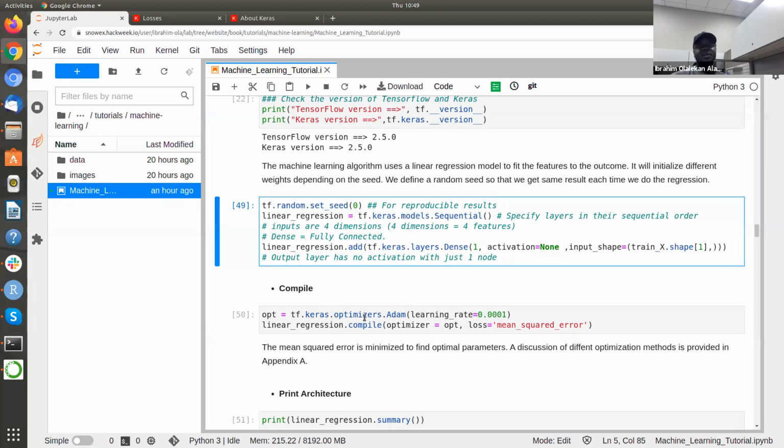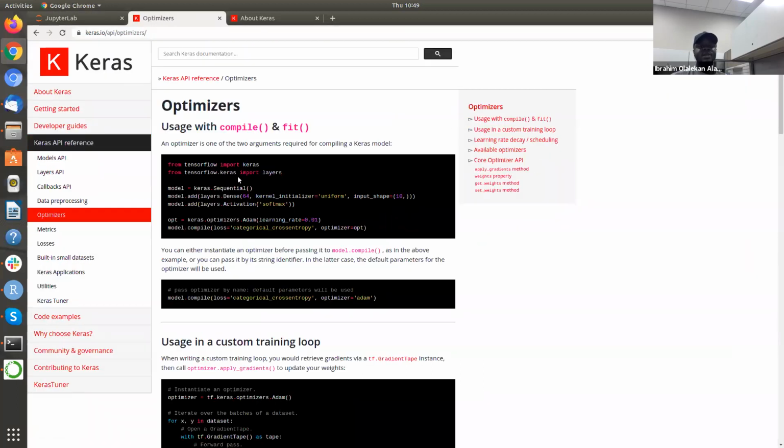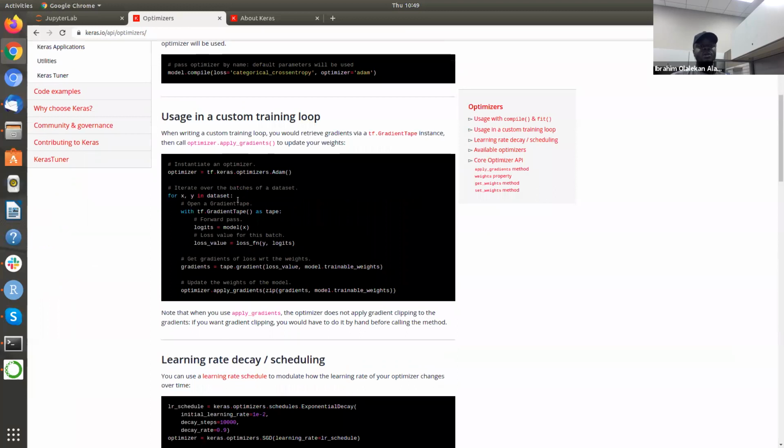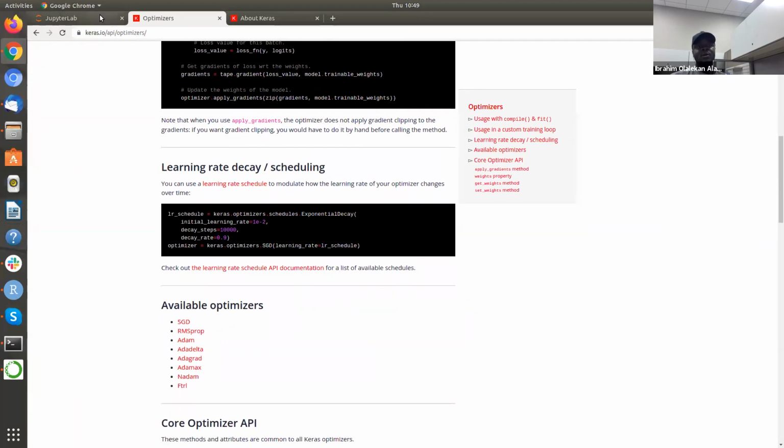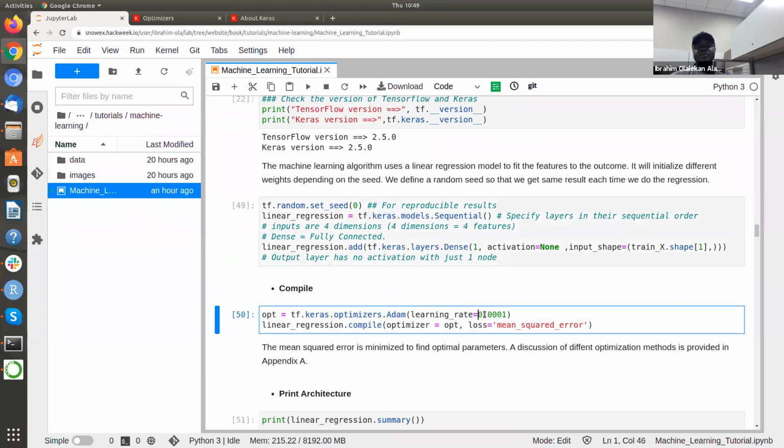We have different optimizers, and if you come here, you can see the different types of optimizers that we can use. But in this tutorial, I'll be using the Adam optimizer, and then this is the learning rate.